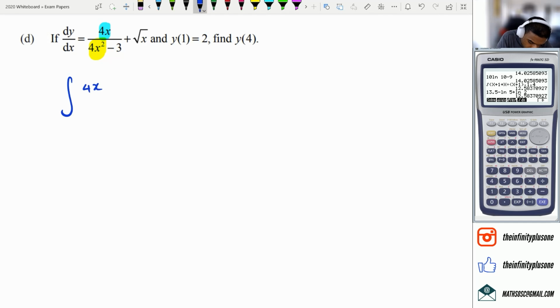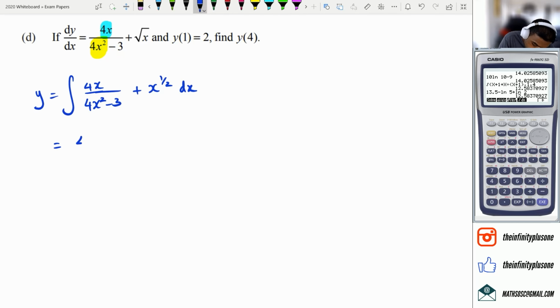The way I work this out is this. I've got integral of 4x over 4x squared minus 3 plus x to the power of half. Basically, y is equal to this. Because it's 4x squared minus 3, I can put it as ln.